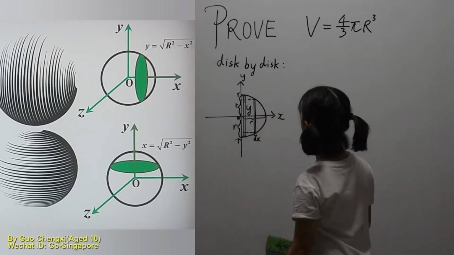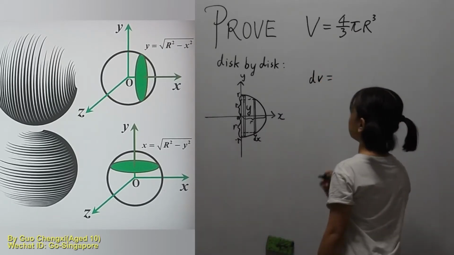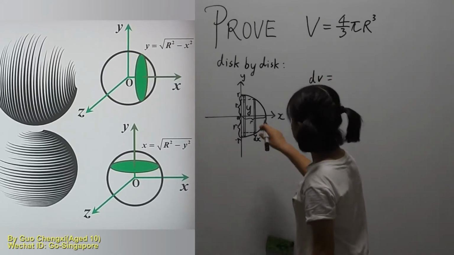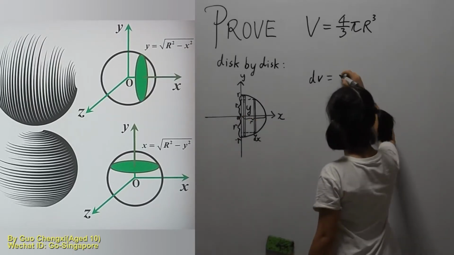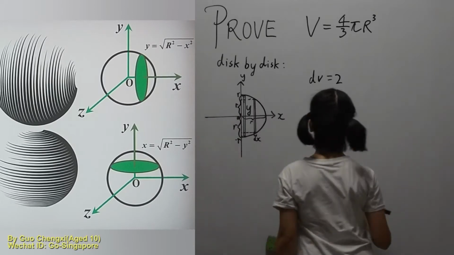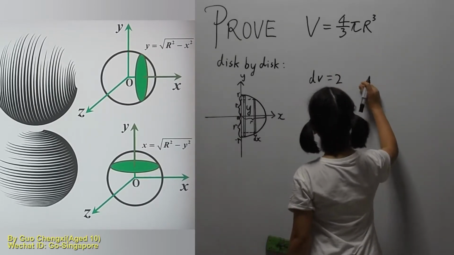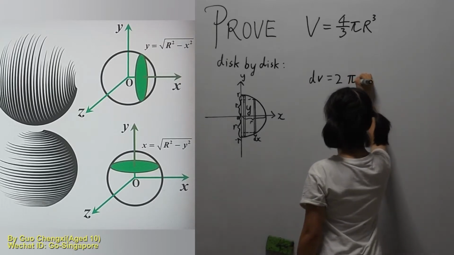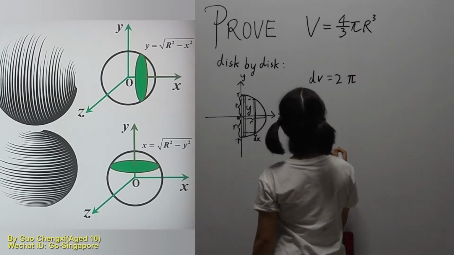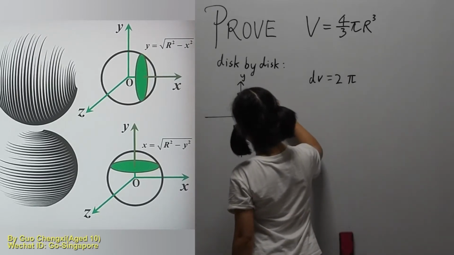So for this part, what does dV equal? dV is equal to all these stacked up together, so it's 2 times it because it's a semi-sphere. And then for this part, what will it be? Pi. What is this length?